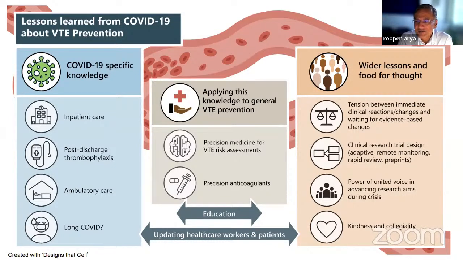And we've applied this knowledge of anticoagulant dosing to general VTE prevention, precision use of anticoagulants. And then there are wider lessons and food for thought, in that certainly I think clinical research trial design went forward by leaps and bounds.